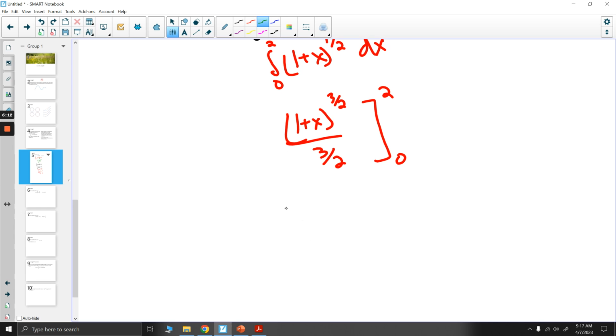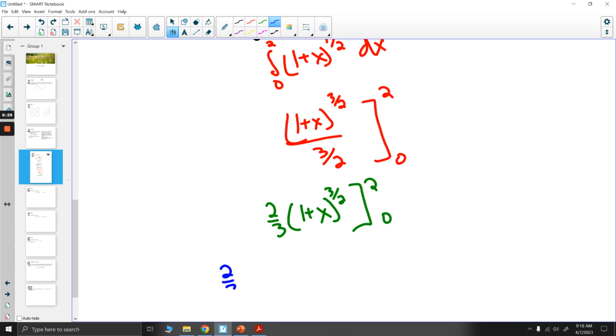So that is to say we have 2/3 times 1 plus x to the 3/2 from 2 to 0. Okay, so if we plug in 2, 1 plus 2 is 3, so 3 cubed square root, right?